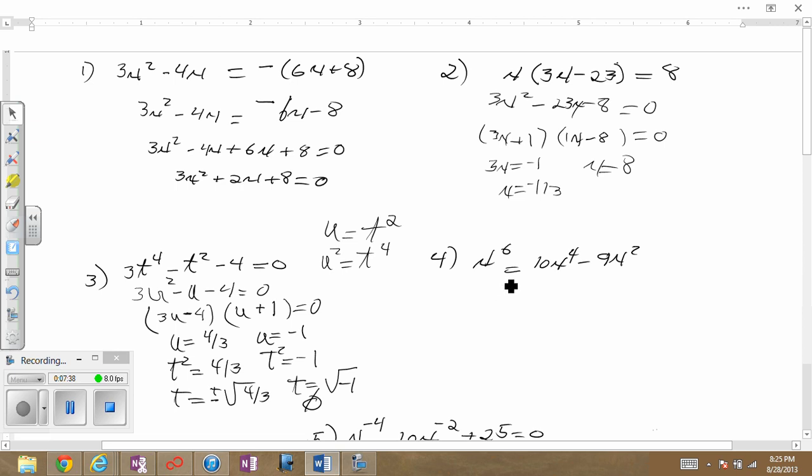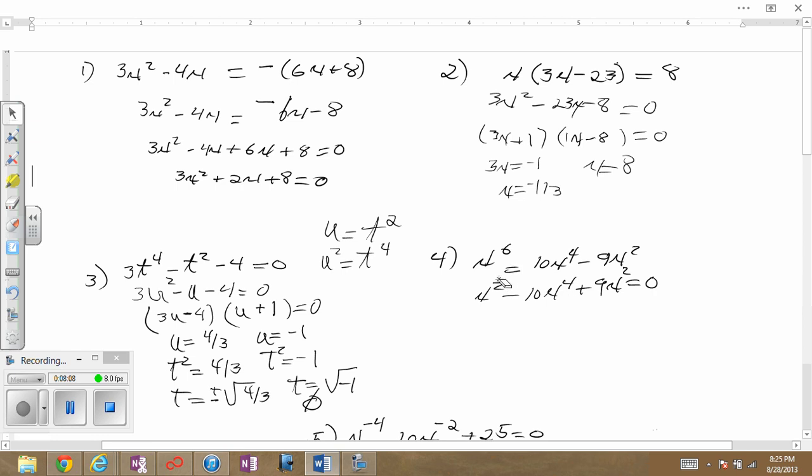Let's see what happens. I'm going to start by pulling everything over. x to the 6th minus 10x to the 4th, because it's on the right side, comes over to the left side, plus 9x squared equals 0. Now, if I proceed to factor that, the first thing I should always look for is a common factor.